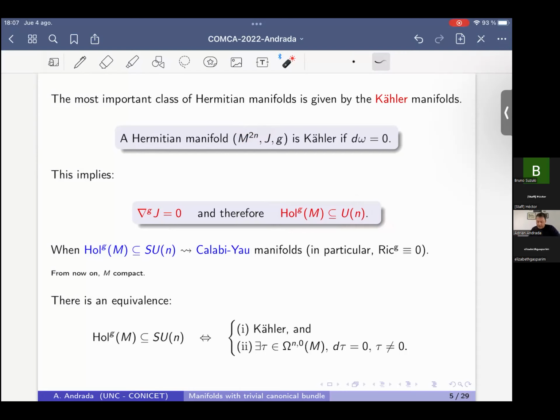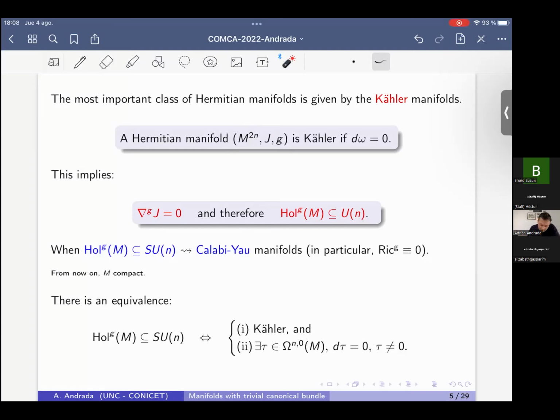Okay. But inside U(n), there is a special subgroup, SU(n), which also appears in the list of possible holonomy groups given by Berger.